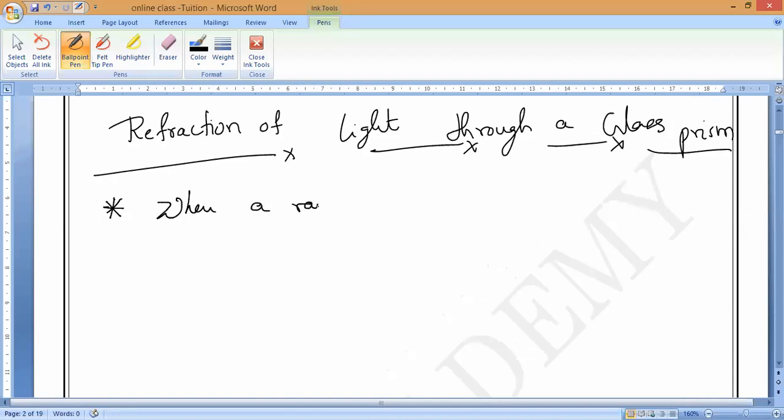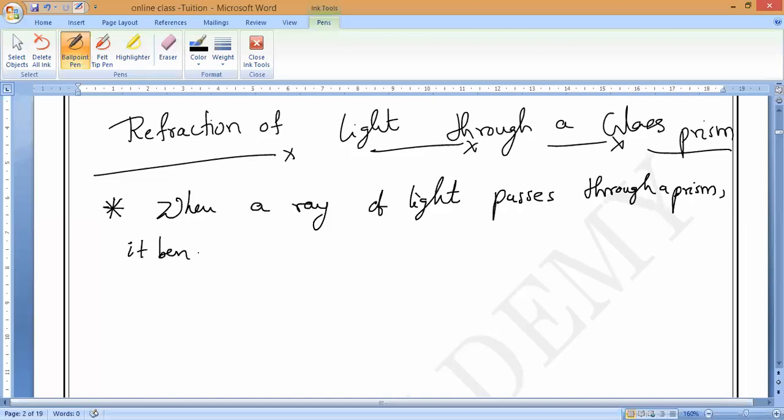When a ray of light passes through a prism, it bends towards the base of the prism.